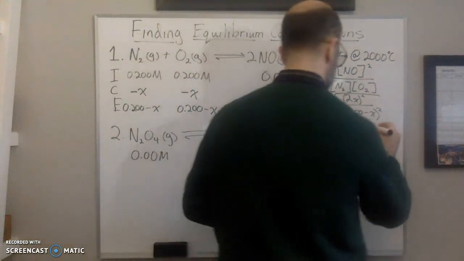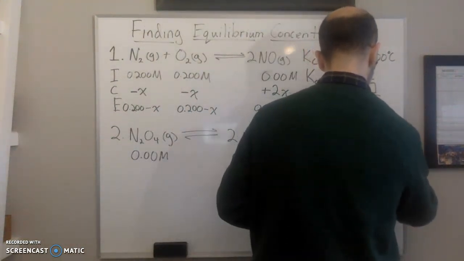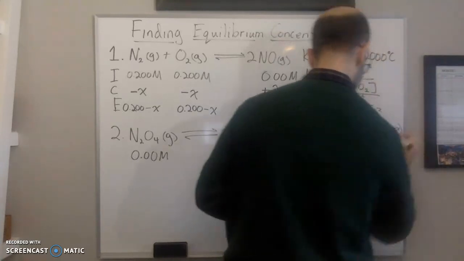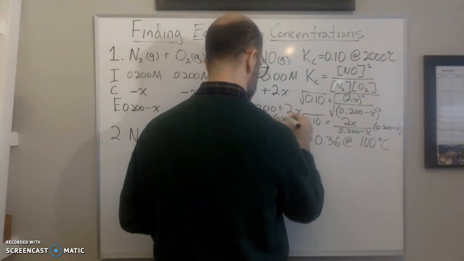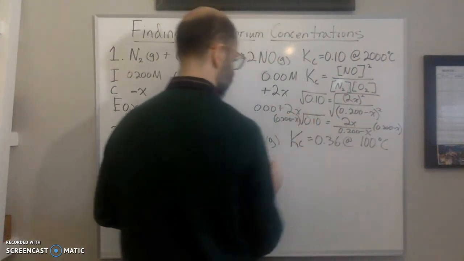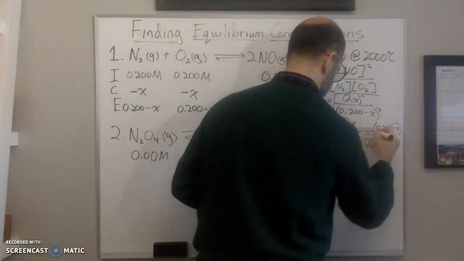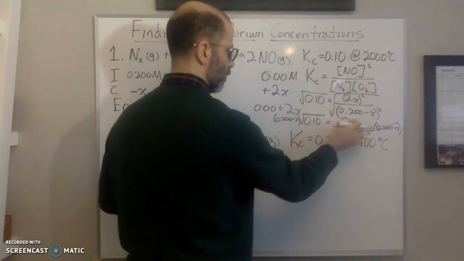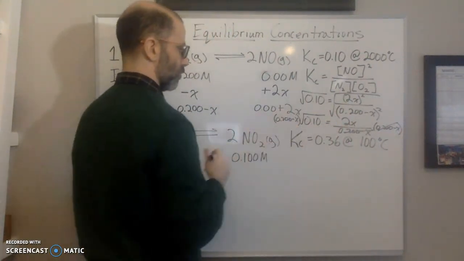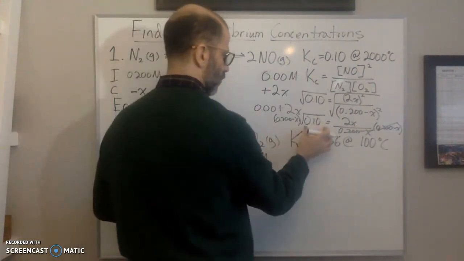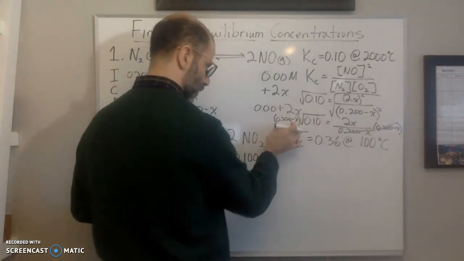Now I multiply both sides by 0.200 minus x. Right, so then this becomes 0.200 minus x. So I got these two multiplied. So this is going to cross out. So now I have 2x is equal to this times this. Okay. So then all I need to do is multiply this through.